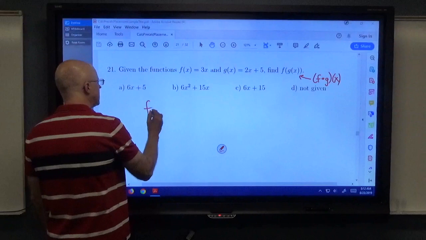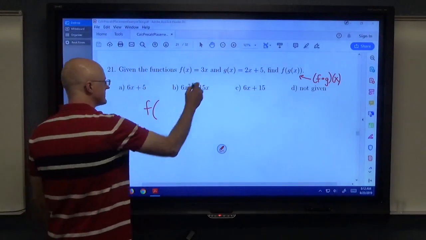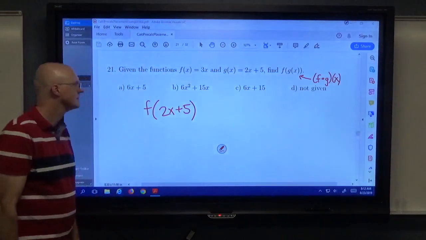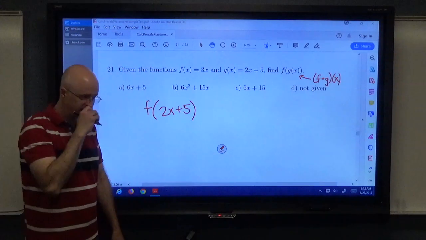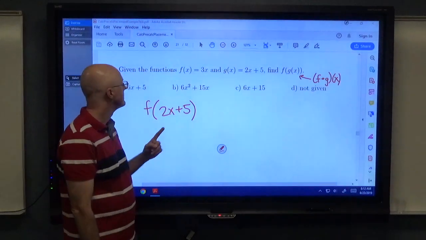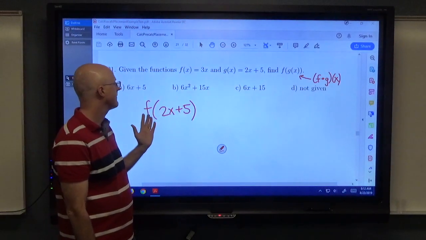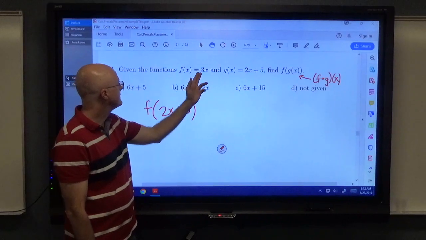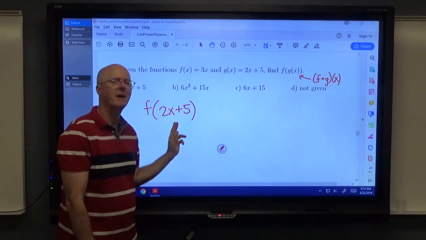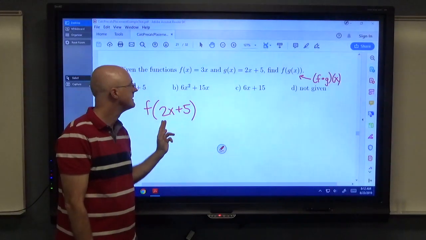And what you do is, well, first replace g of x with its formula, 2x plus 5. And then, this is real key that you understand this, really important for calculus, and pre-calculus for that matter. So you need to take the formula for f and replace whatever you see here, no matter how crazy looking it is.